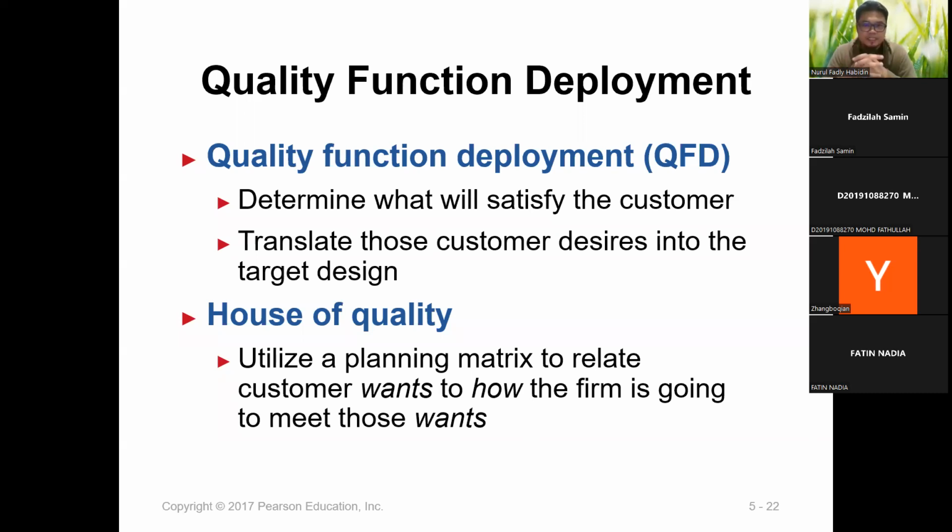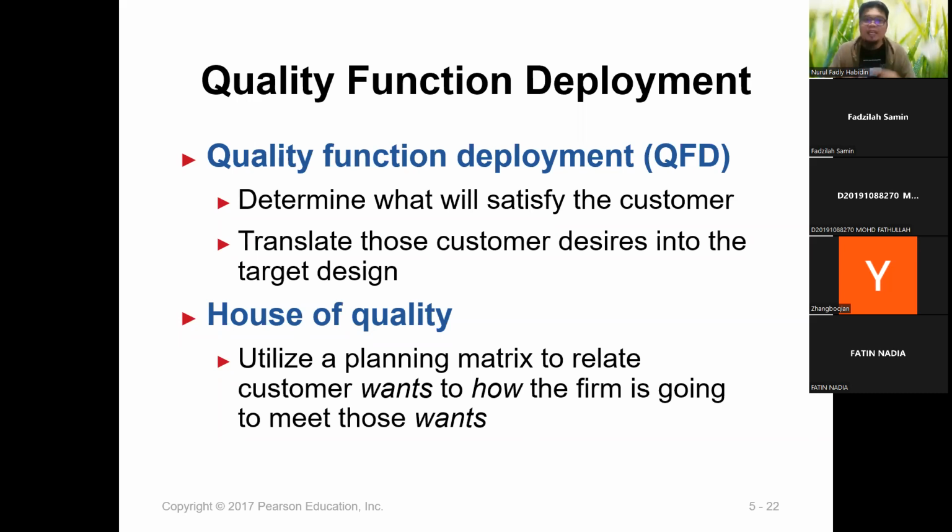Quality function deployment determines what will satisfy the customer. This is a tool. So QFD is one of the tools to determine customer satisfaction levels. Translate those customer desires into the target design. So actually that's really important for the customer requirement. How to get the customer requirement? What technique do you use in order to know the customer requirement?